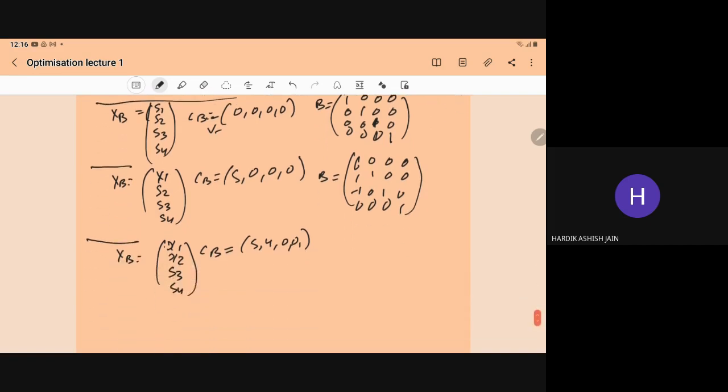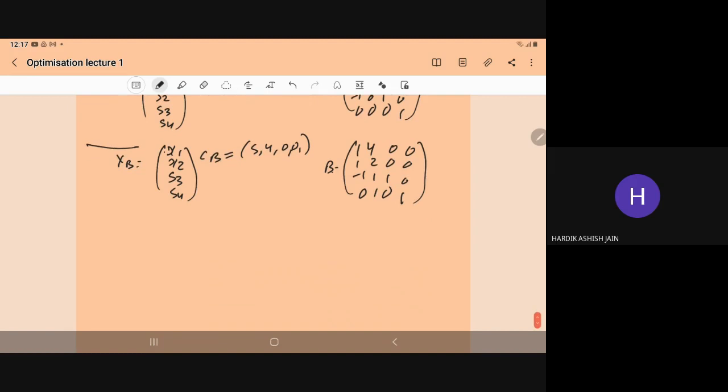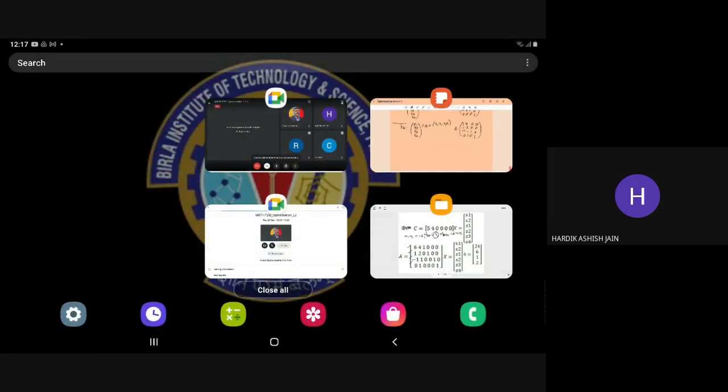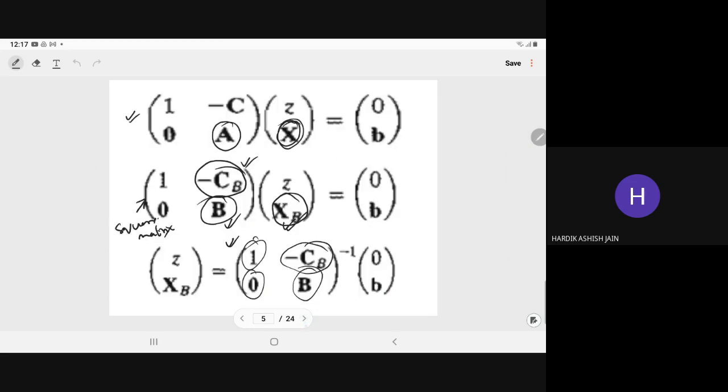Corresponding to x1, x2, B is equal to 6, 1, minus 1, 0, 4, 2, 1, 1, 0, 0, 1, 0, 0, 0, 0, 1. That is your B. So whatever the step, we take the corresponding basic variables, with the corresponding coefficients and cost. With that you get a square matrix, and for a square matrix you can take the inverse.